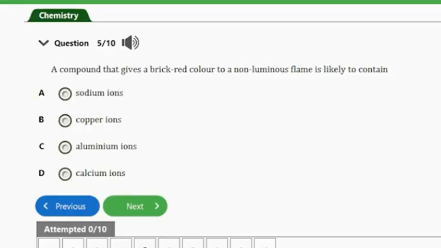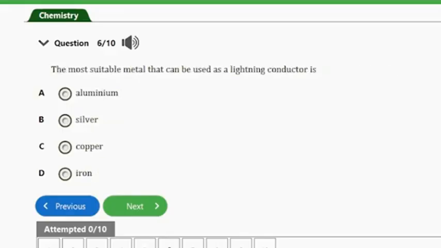A compound that gives a brick red color to a non-luminous flame is likely to contain calcium ions. This is based on the flame test, a procedure used in chemistry to detect the presence of certain metal ions based on the color of the flame that appears along with the compound when heated. So calcium ions cause the flame to be brick red. And that's it for this question. So let's look at the next question.